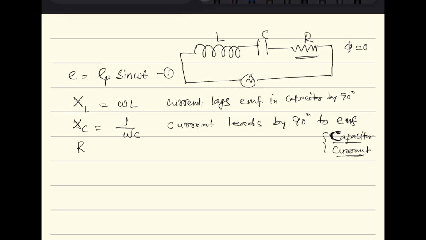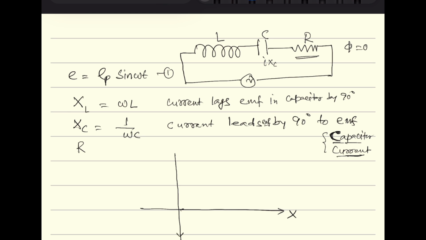Okay, now suppose this is my x-axis. Now if I plot it, when I say current leads EMF, it means that the voltage lags. So I can represent the phase difference between the current and this I into XC.